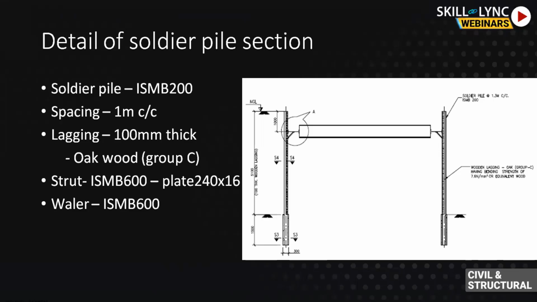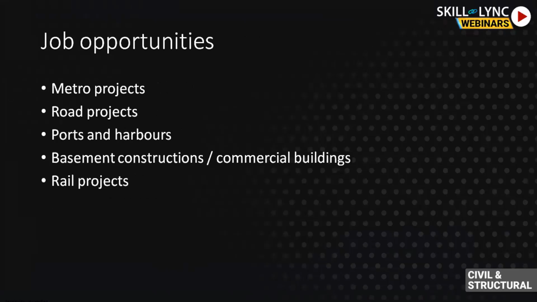So this is the cross section of that excavation. You can see the soldier pile. Below that, the embedded depth is 1.5 meters. These are the more common embedded retaining walls used on construction sites. It can be a temporary wall or a permanent wall, and the design of these walls is required for the construction of many projects.